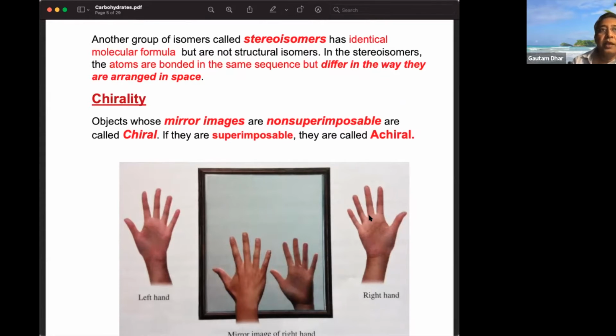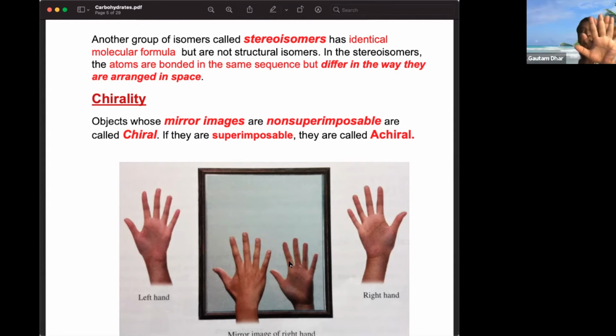Okay. Now, the left hand is related to the right hand by one being the mirror image of the other. So if you put a mirror, what you see in the mirror is the other hand, exactly the way the other hand would be. And if you put them together, you can see that they are actually different molecules, mirror images of one another.